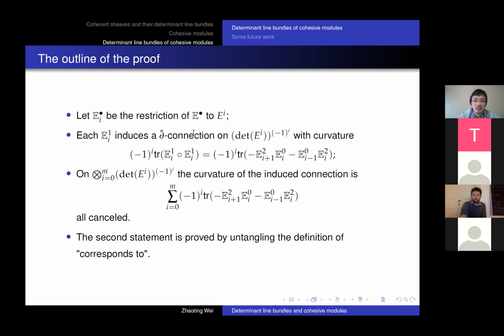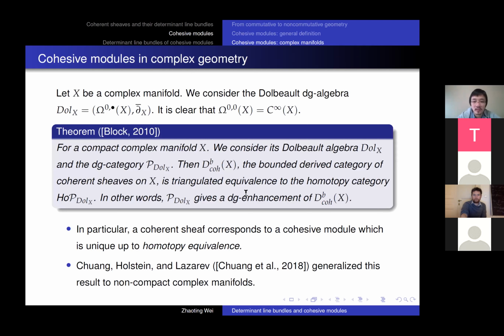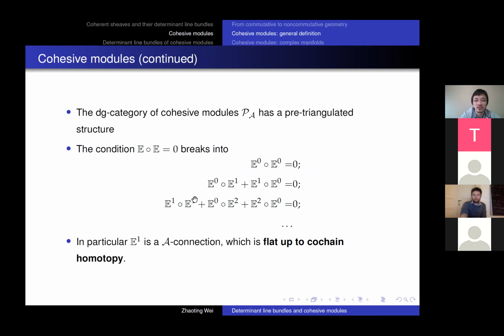Then according to the formula before, we can compute the curvature of E^1, which is given by the third equation before. The curvature of E^1 is actually negative E^0 composed with E^2 minus E^2 composed with E^0.